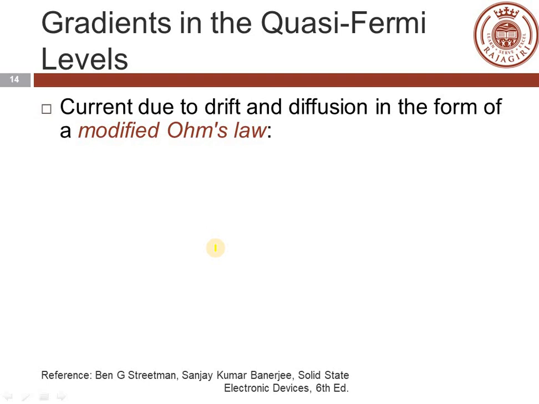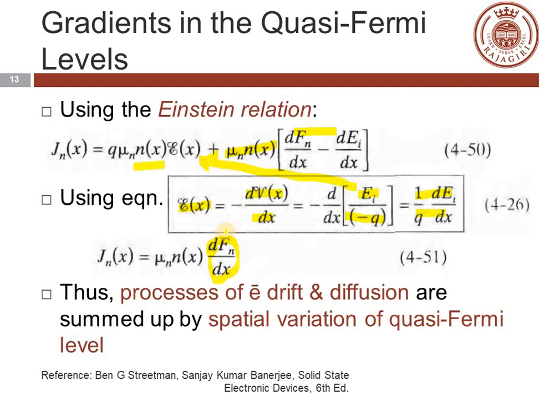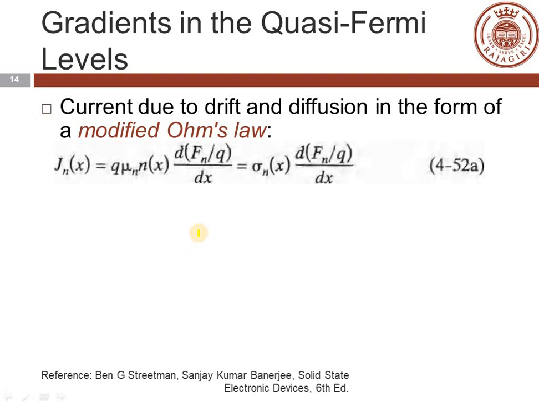Now we will be modifying this equation slightly in the form of a modified Ohm's law. In the previous term, we will divide by Q in Fn and multiply with Q. Dividing and multiplying with Q won't change the value. So our equation will become Q mu n n of x d by dx of Fn by Q. Then Q mu n n of x is nothing but the conductivity, sigma n of x.